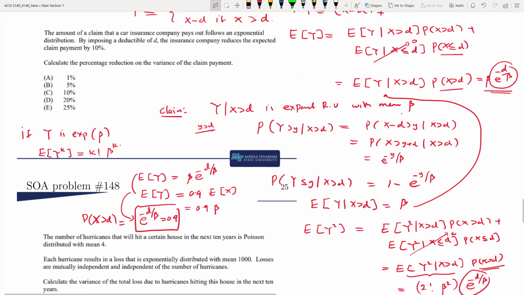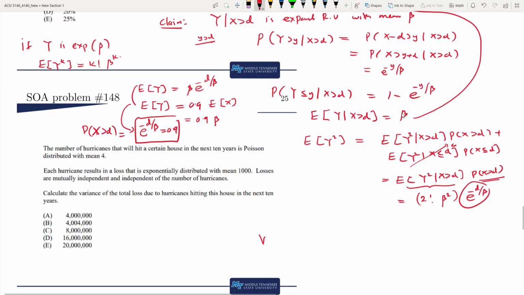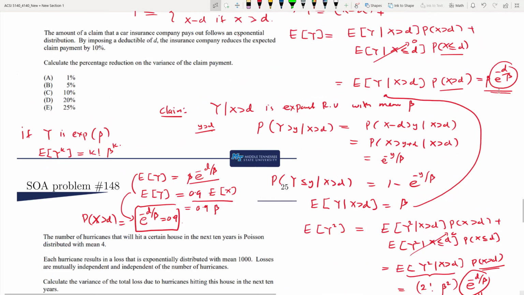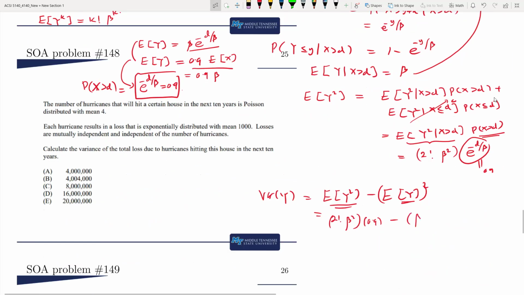So now I have everything. I'm going to calculate the variance. Variance of y equals expected value of y square minus expected value of y, squared. This one we just found is 2 factorial beta square, and then this part is 0.9. We just found it here, by comparing the expected value of y formula and what's given. Then here it is beta times 0.9, but we have to square it.